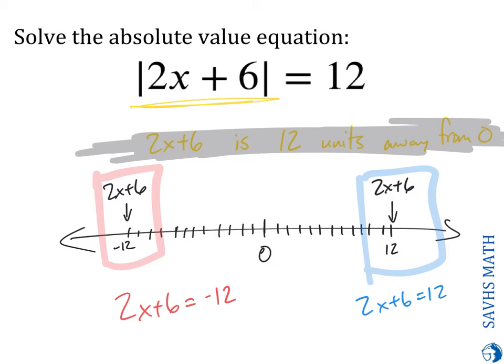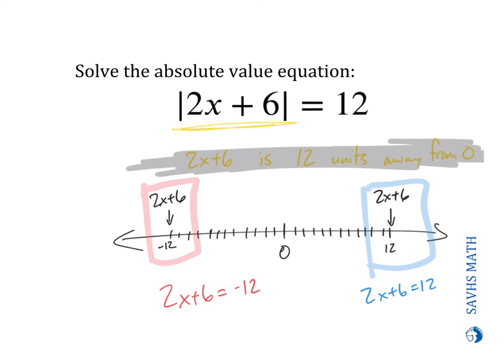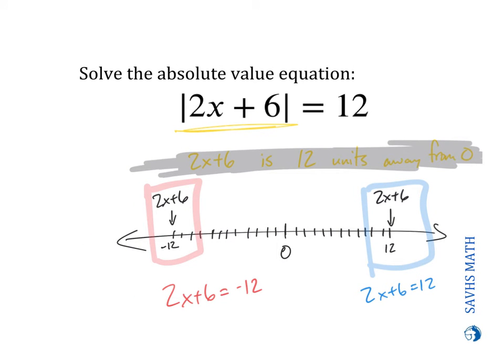Okay, so then I need to do two-step equations to solve these. So just subtract 6, I get, careful, 2x is negative 18. Divide both sides by 2.